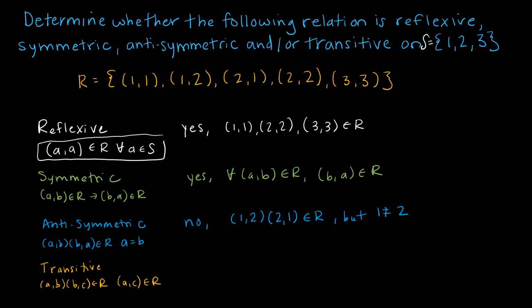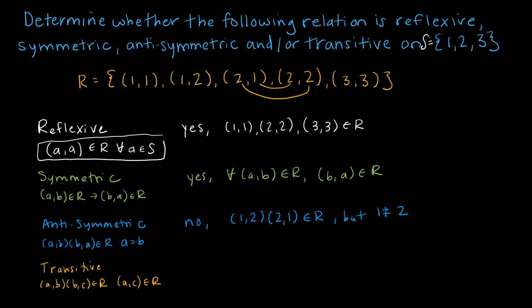Let's move on to the next ordered pair. 2, 1 and 1, 1. Does that imply 2, 1 is in the relation? Yes, it's there. All right. Anything else for 2, 2? 2, 2 and 2, 1.